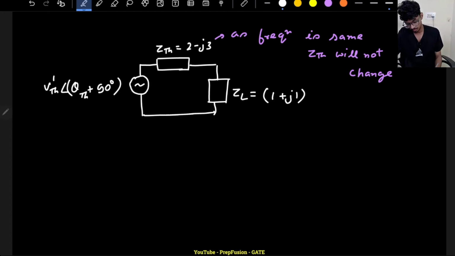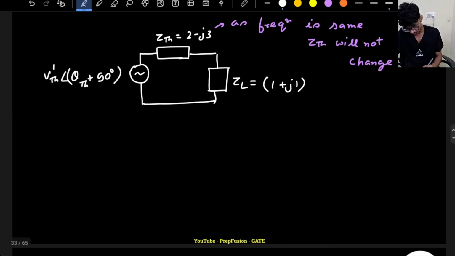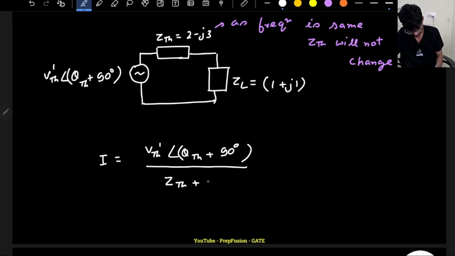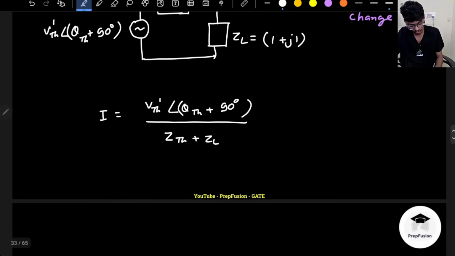Okay, 1 plus J1. From here I will be able to find out the current. The current will be VTH dash, angle of theta TH plus 90, divided by ZTH plus ZL. But what am I concerned about?